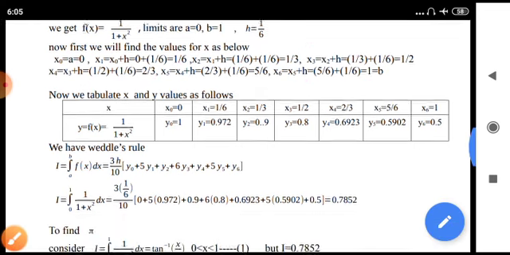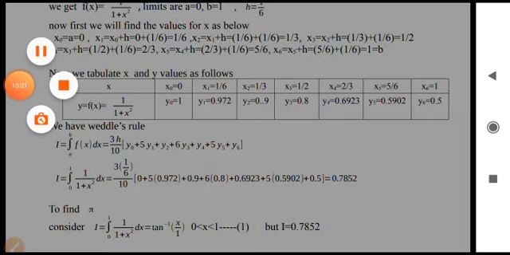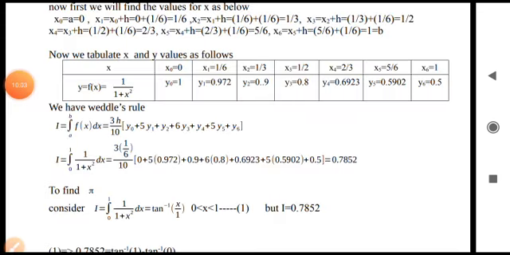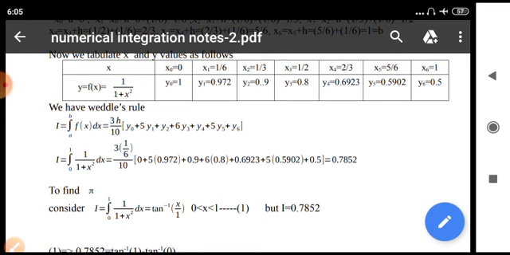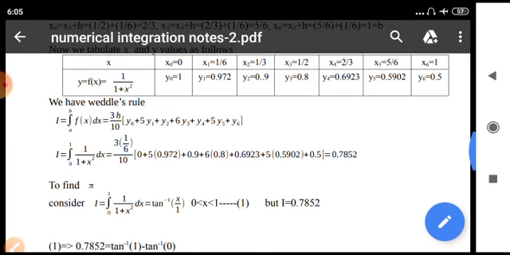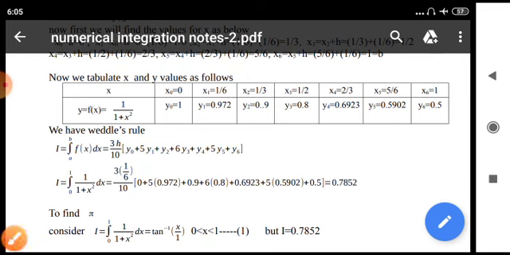Now we tabulate x and y values as follows. When x is 0, y value we will be getting 1 by 1 plus 0, 1. Similarly, when x1 is 1 by 6, y1 is 0.972.